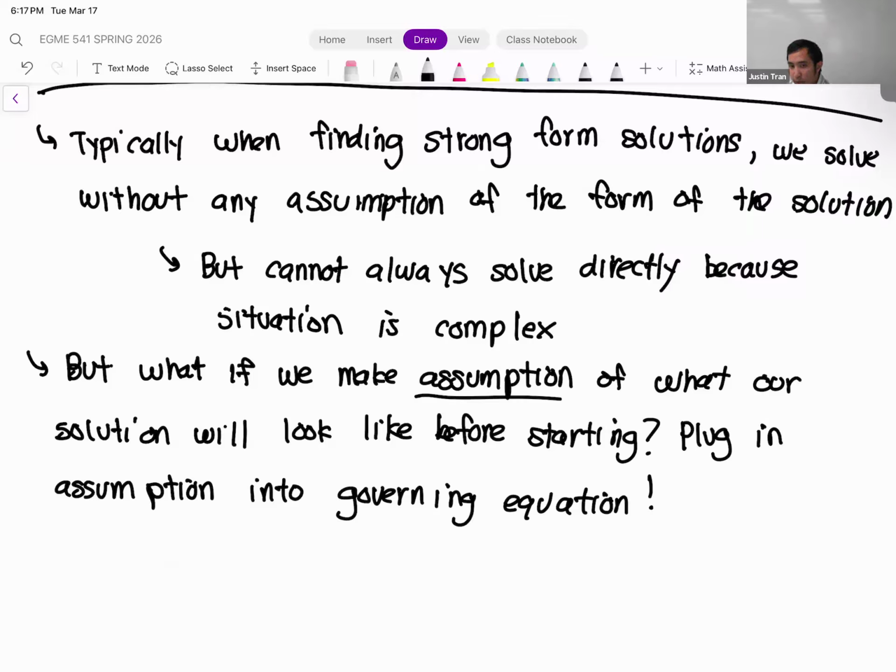Once you do that, believe it or not, it becomes much easier to solve the equation, because you already have an idea of what you want your solution to look like. Now that assumption may be correct, it may be incorrect, but at least you have a starting point, and that makes your solution procedure much easier.